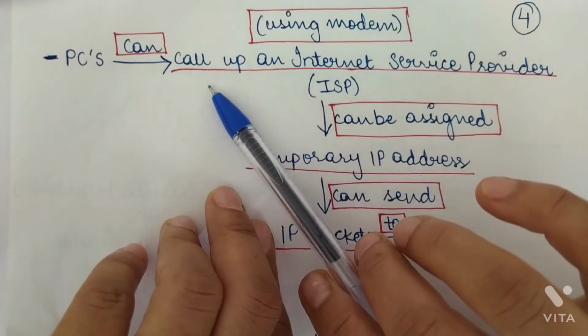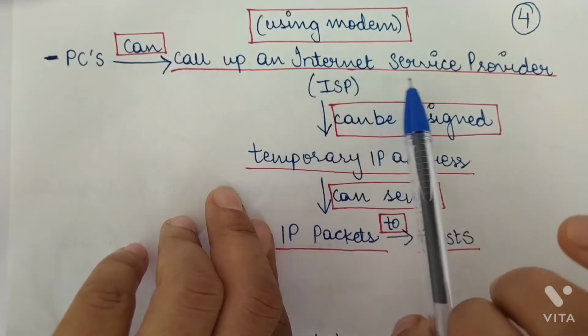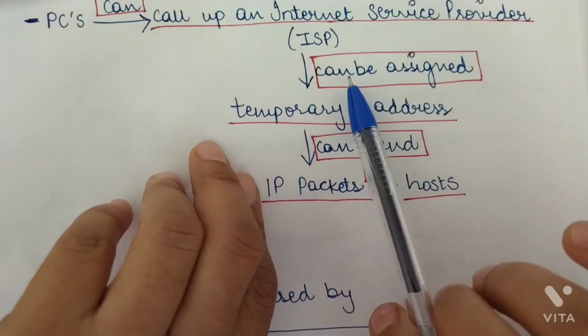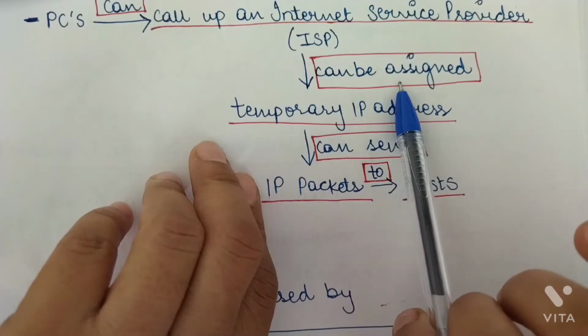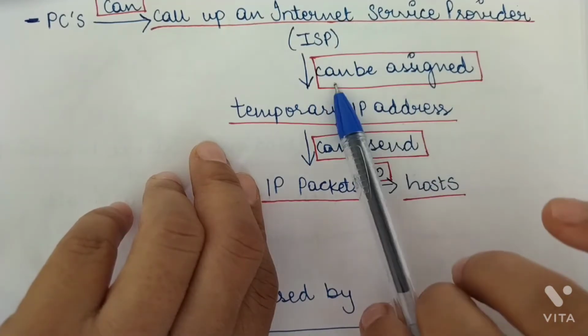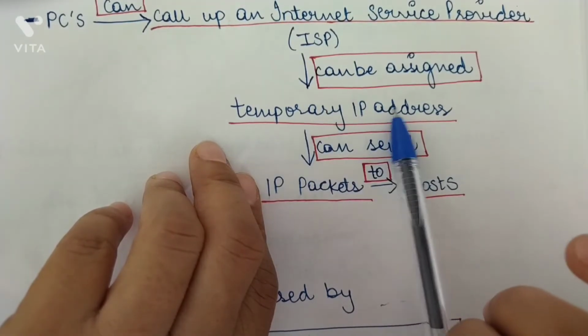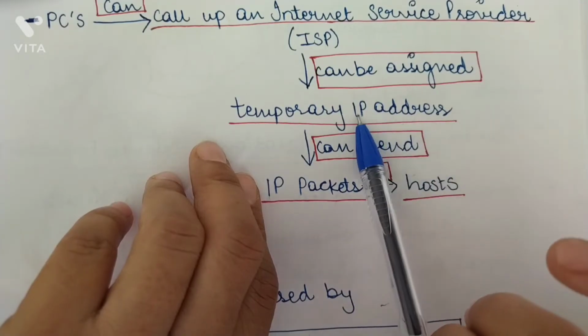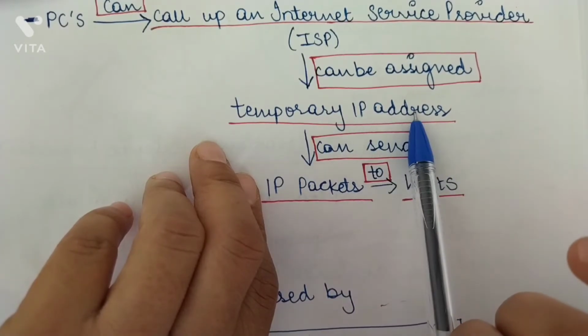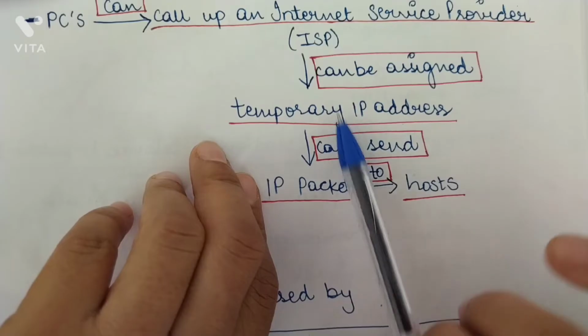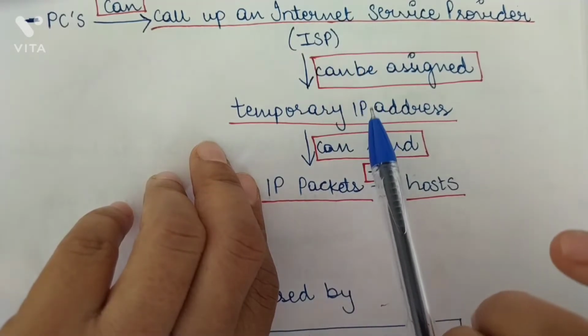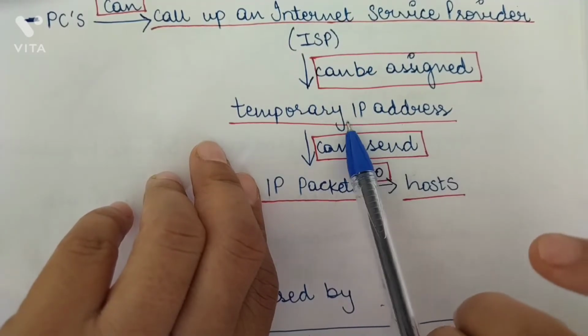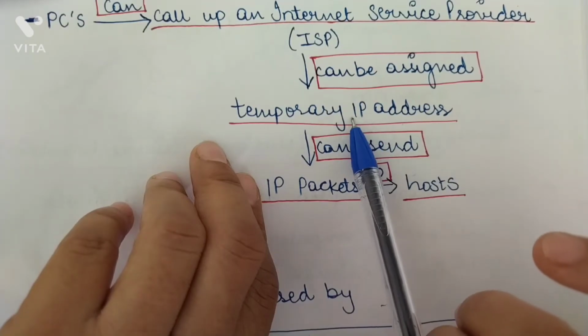So using a modem, the PCs can call up an internet service provider, and then in order to access the internet, these internet service providers assign temporary IP addresses, right? The IP addresses are the logical addresses of the system which are assigned to you if you want to use the internet. These IP addresses are temporary, that means they can be changed.